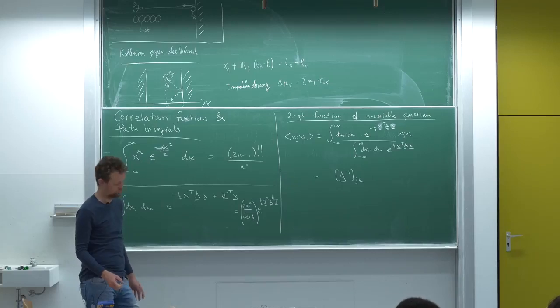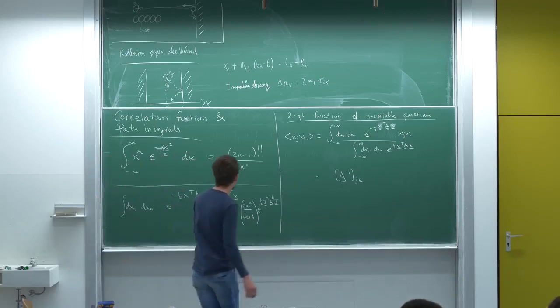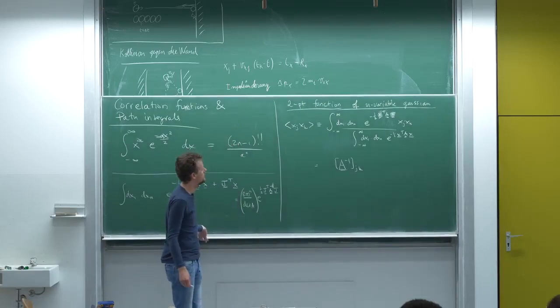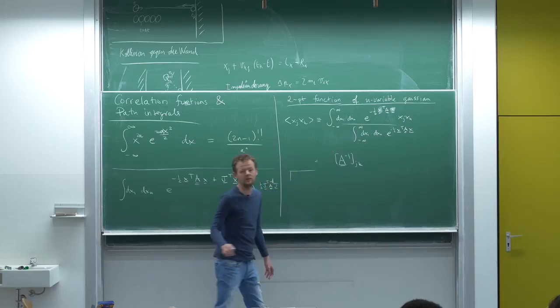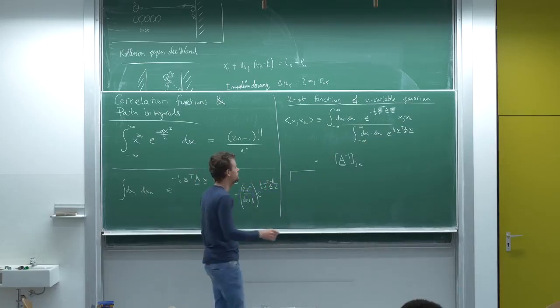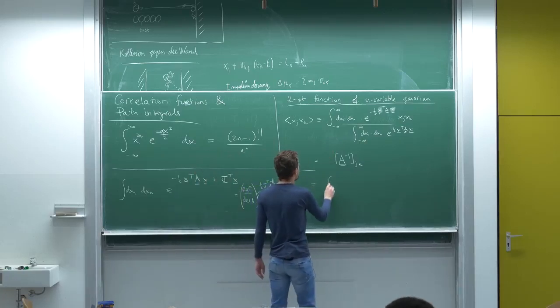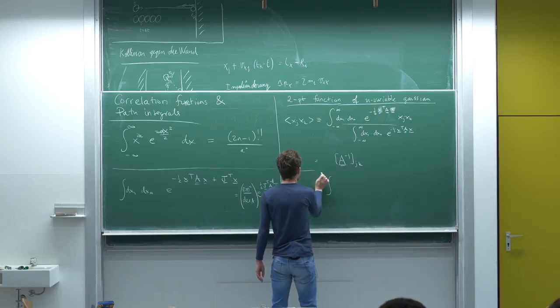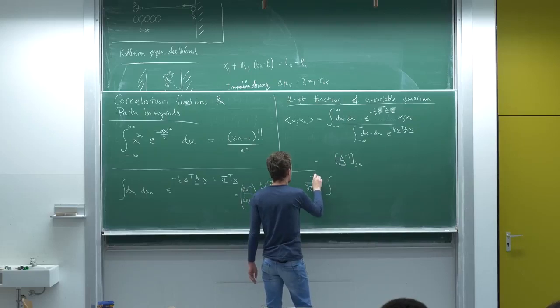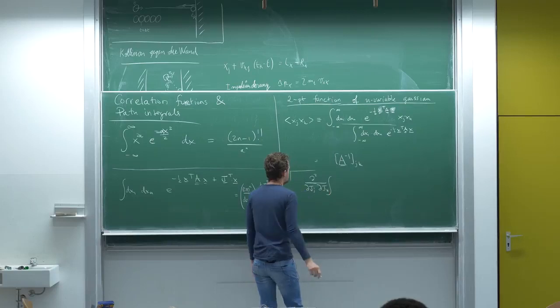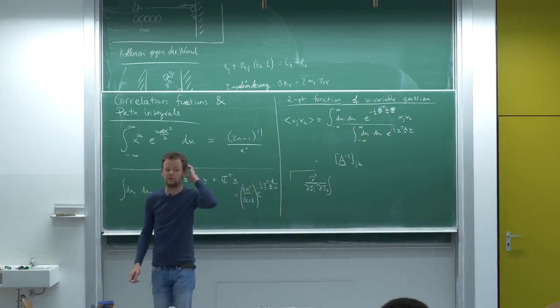Okay, maybe I'll say one or two words to this calculation. Namely, I'll express the top integral as a derivative and then we'll stop. So this is how we can do that integral.